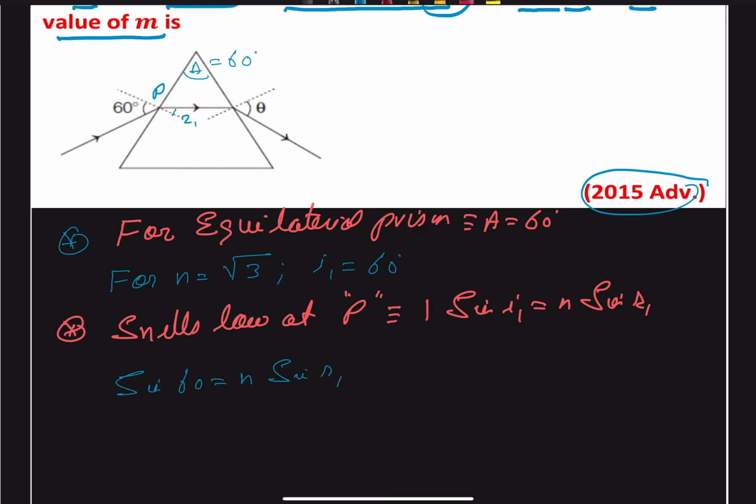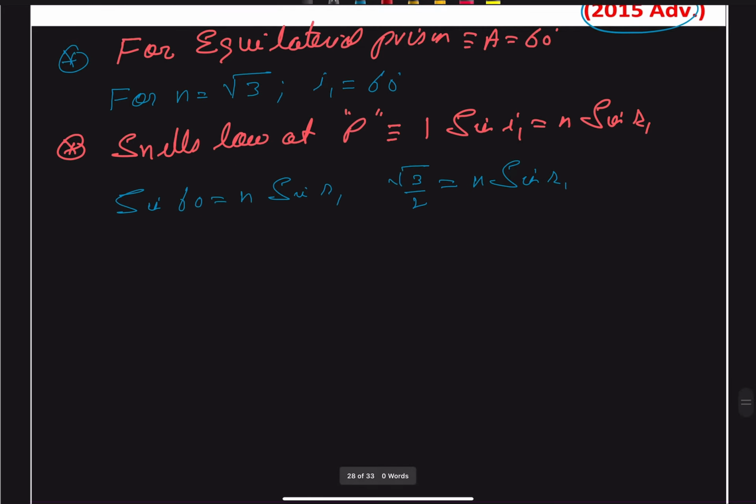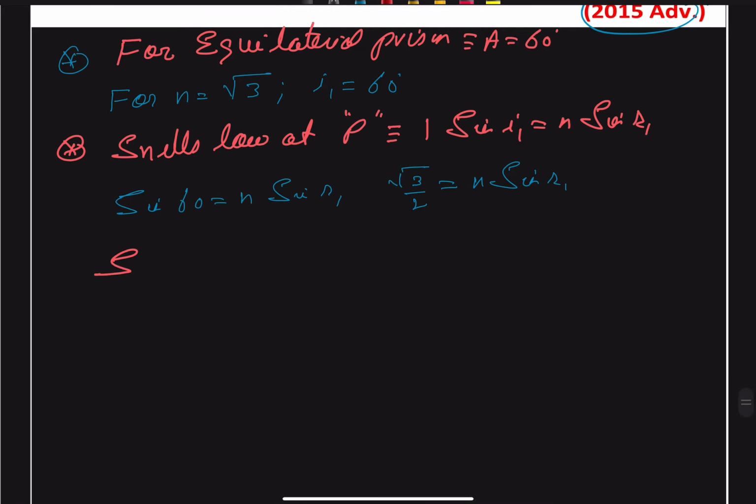Sine of 60 is square root of 3 by 2, so we can write square root of 3 by 2 is equal to n sine of R1. Therefore, sine of R1 is equal to square root of 3 divided by 2n.